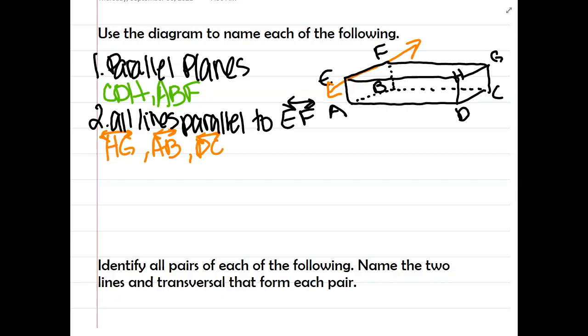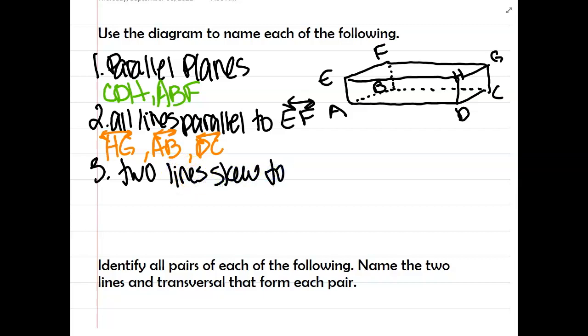Very good. Okay, let's talk about kind of what I think about as the opposite of parallel lines. Let's name 2 lines skew to line AE.